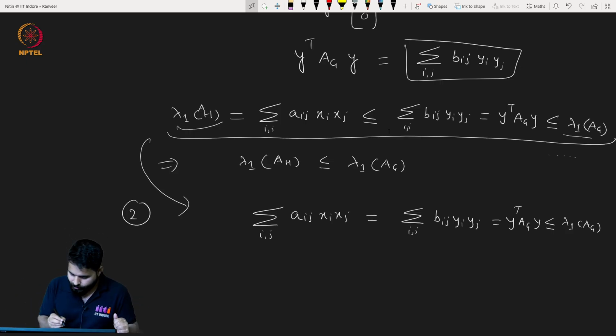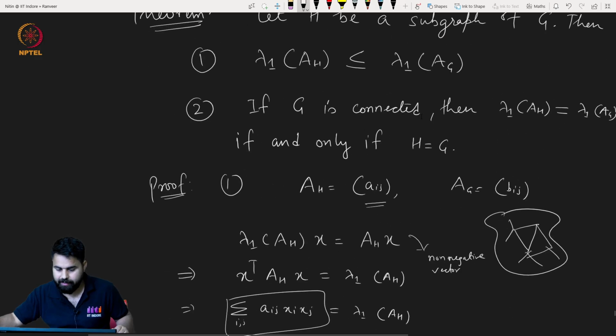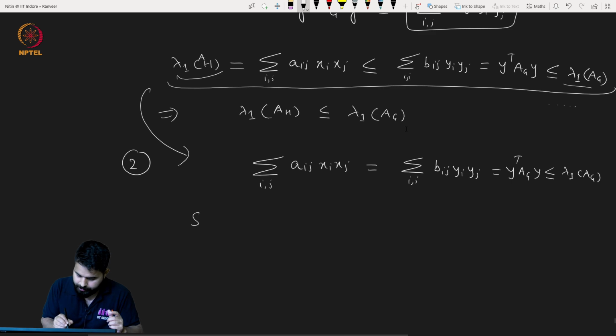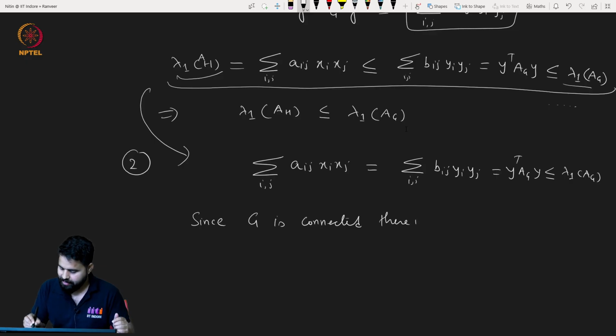And since G is connected, there is no zero entry in y.